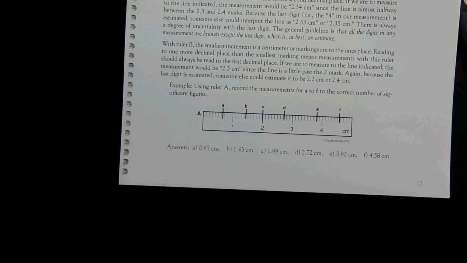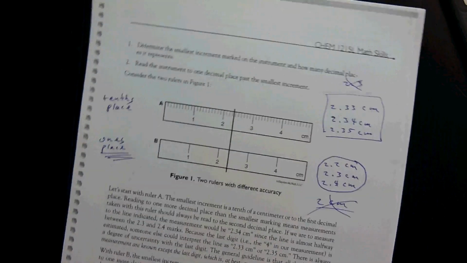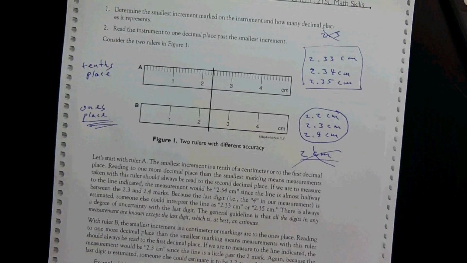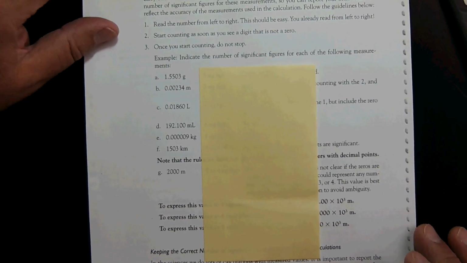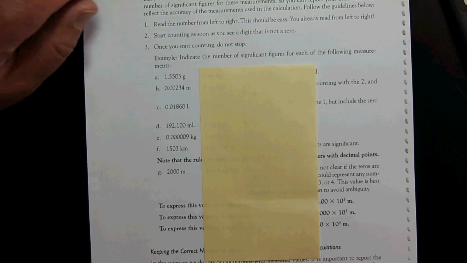Next topic in significant figures is counting significant digits. So, counting significant digits is probably the easiest thing in this whole area. They probably told you in the lecture, if something's not a 0, it's counted as significant. The difficult thing is zeros. Sometimes you count zeros, sometimes you don't.